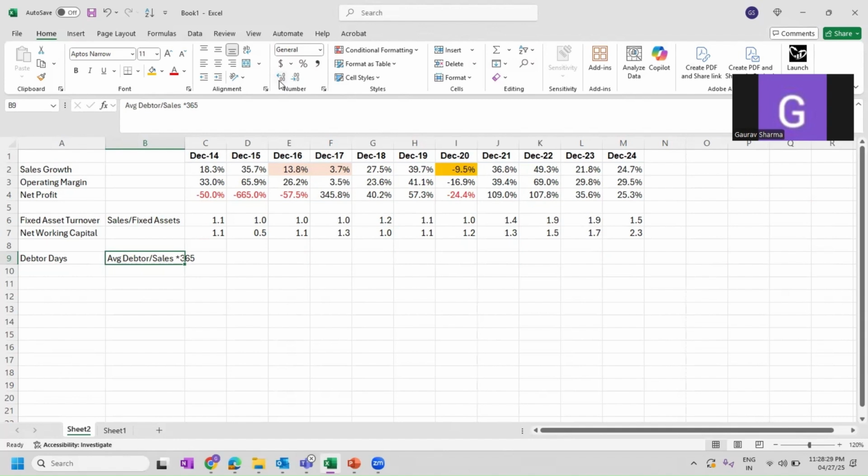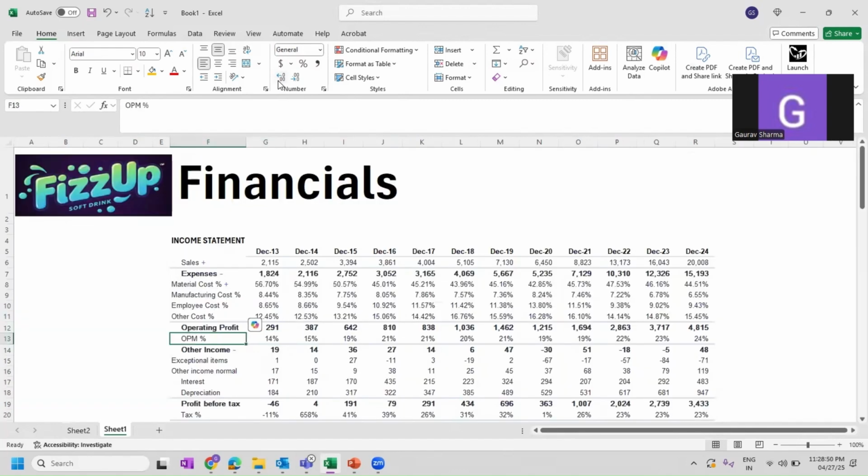See, the simple thumb rule is, when you calculate the average debtor, how are you calculating the averages? Average is obviously calculated by two or more numbers. So in our case, we take an average of the balance at the end of the period and the balance at the beginning of the period. Say for example, our trade receivable balance.